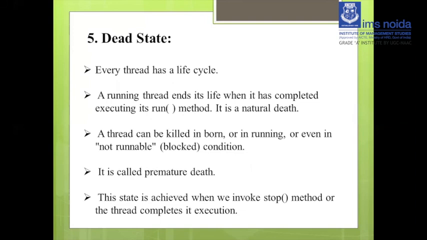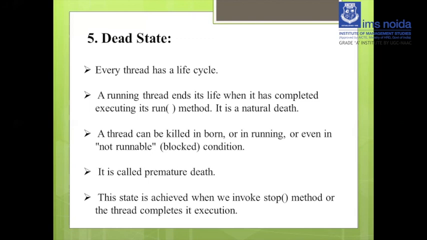Last is your dead state. A dead state is what we can say a terminated state. A thread terminates because of either of the following reasons. One, because it exits normally, this happens when the code of the thread is entirely executed by the program.